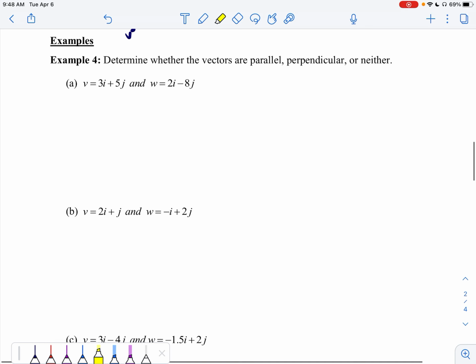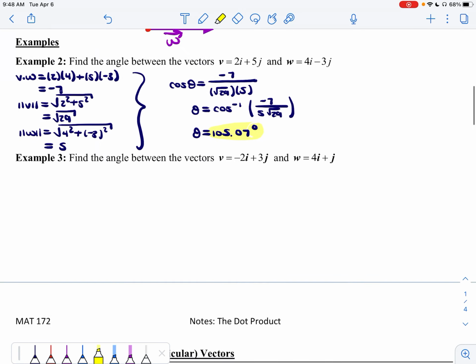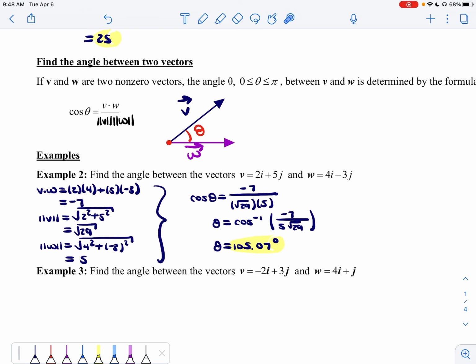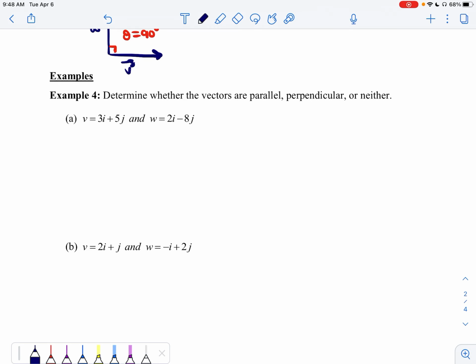So we want to determine if the vectors are parallel, perpendicular, or neither. In order to do this, we're going to use that same formula that we were using before. This guy right here, cosine of theta is equal to V dot W divided by the magnitude of V times the magnitude of W. So we're going to start by finding the dot product.